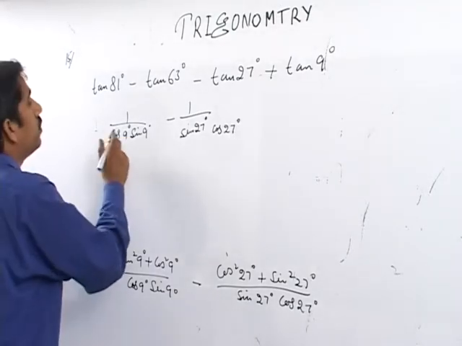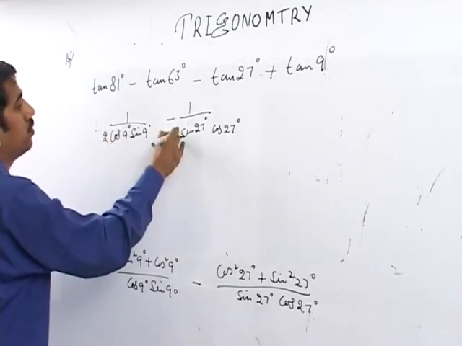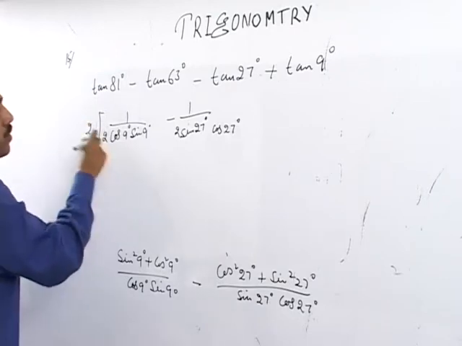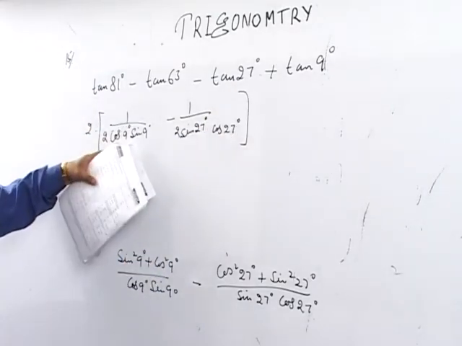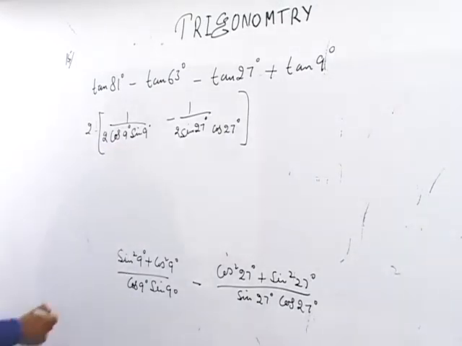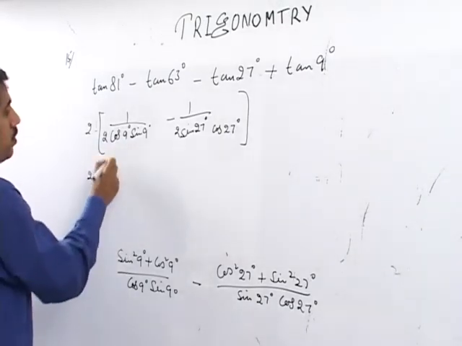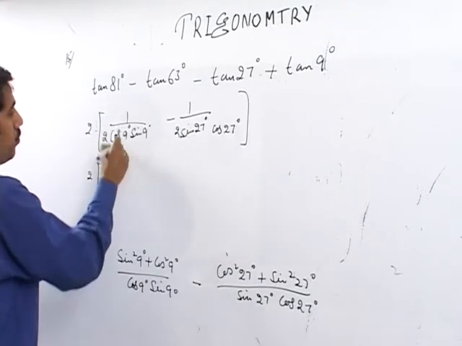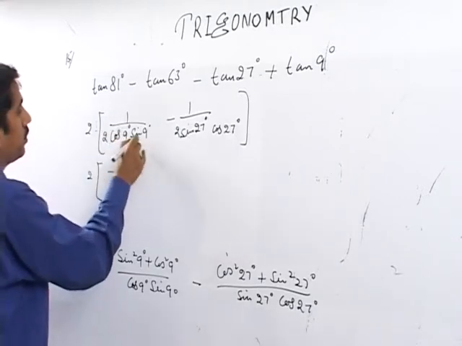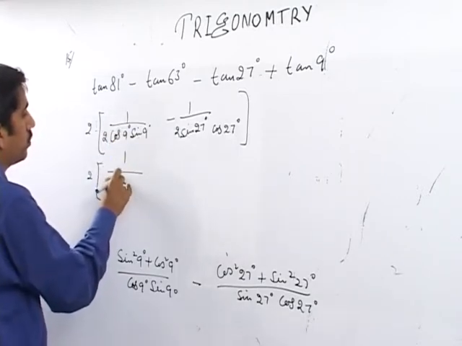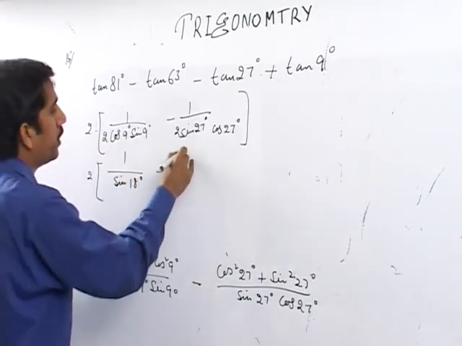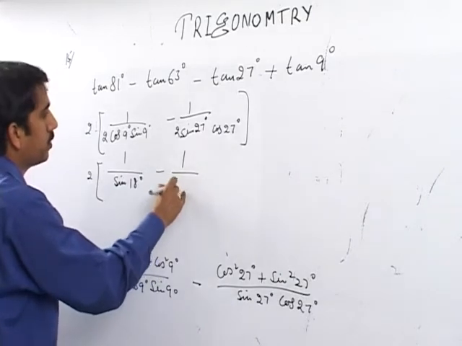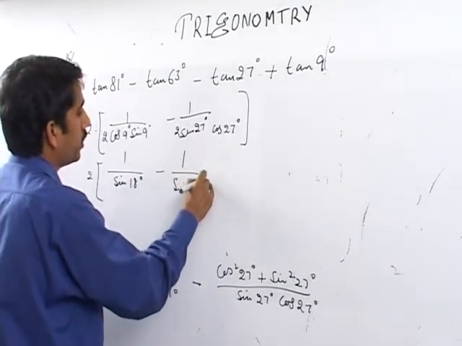Now multiply it by 2 and 2 outside. Now this is 1 by 2 sin A cos A. This will be sin of 18 degree minus 1 over, this will be sin of 54 degree.